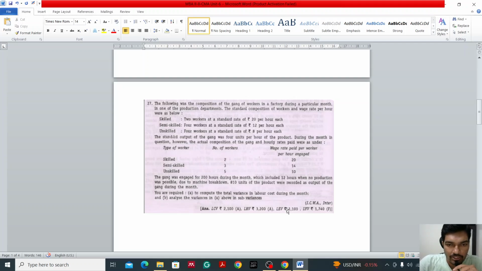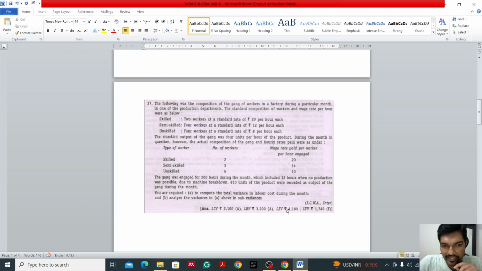The following was the composition of a gang of workers in a factory during a particular month in one of the production departments. The standard composition of workers and wage rate per hour were as below: skilled labor, semi-skilled labor, unskilled labor. Three categories of workers are available in this factory, and this is the standard information given.